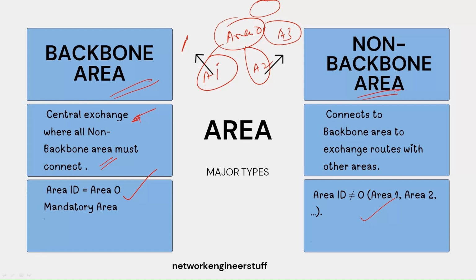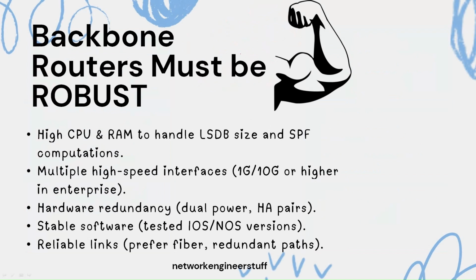If area 1 wants to exchange some routes with area 2, it has to exchange through area 0. Two non-backbone areas cannot communicate with each other directly. They have to communicate through area 0 only. So these are the rules in OSPF area.